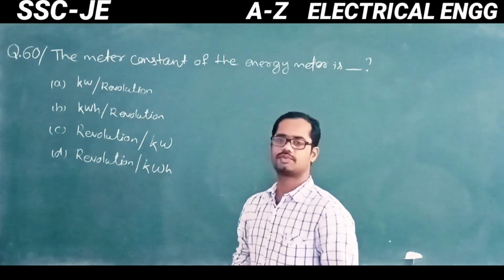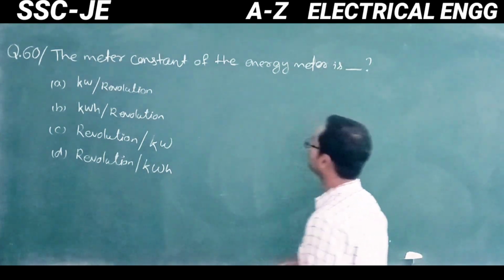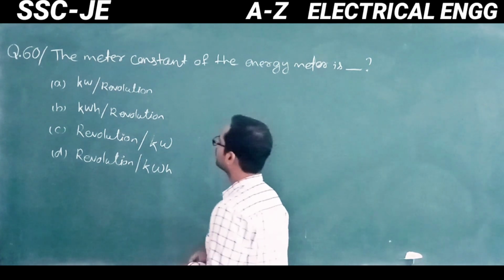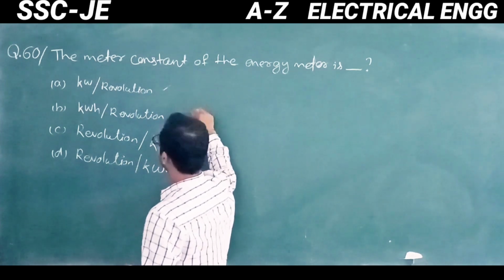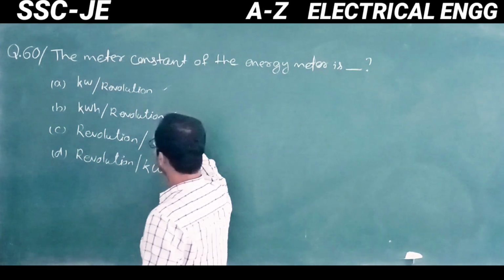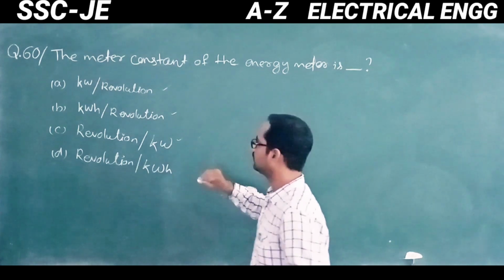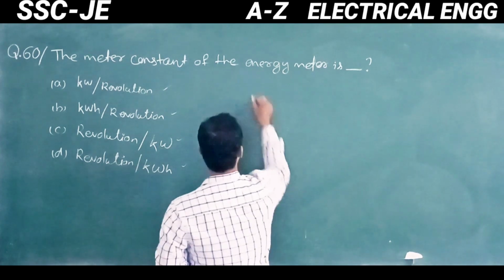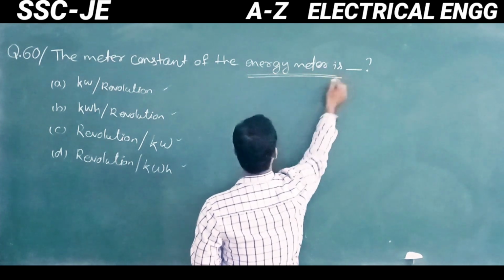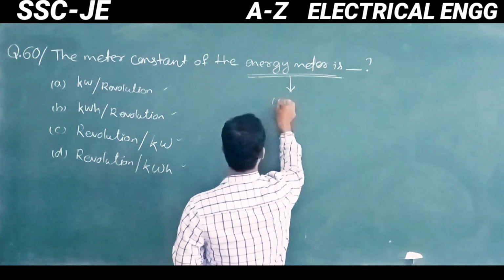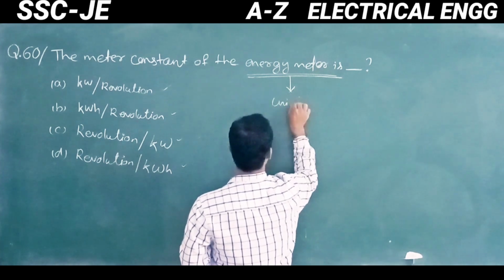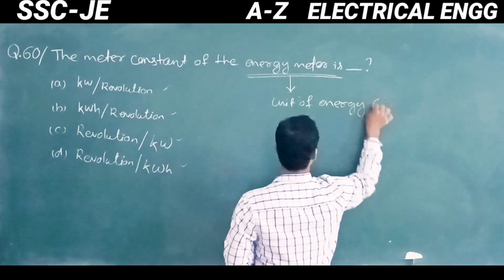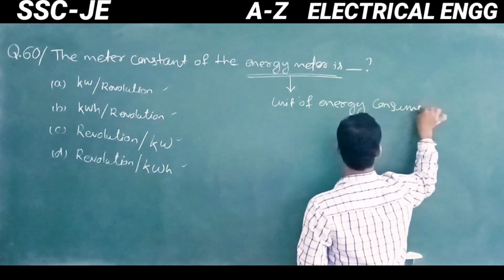So, coming to the last question of this class, the meter constant of the energy meter is dash. Options are kilowatt per revolution, kilowatt hour per revolution, revolution per kilowatt, and revolution per kilowatt hour. So, we know the energy meter is the meter which reads the unit of energy consumed.